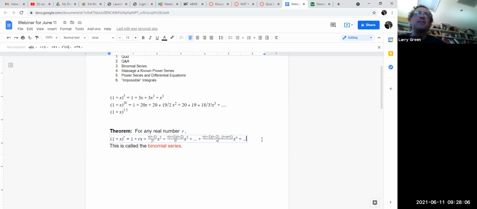Any questions on this theorem? How do you show this theorem is true? How do you prove this theorem?